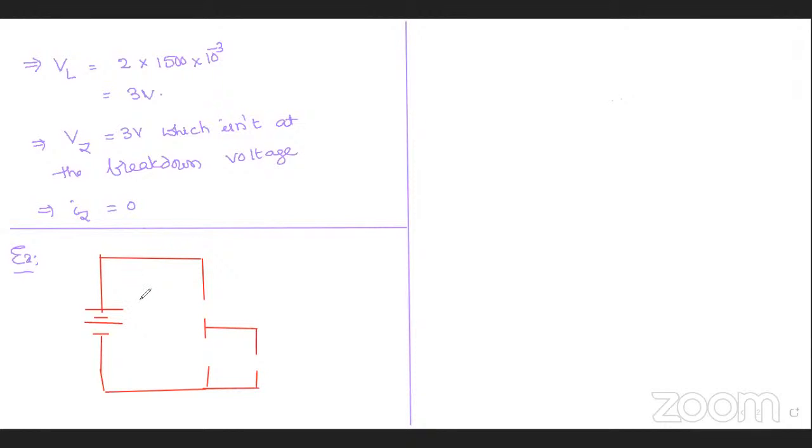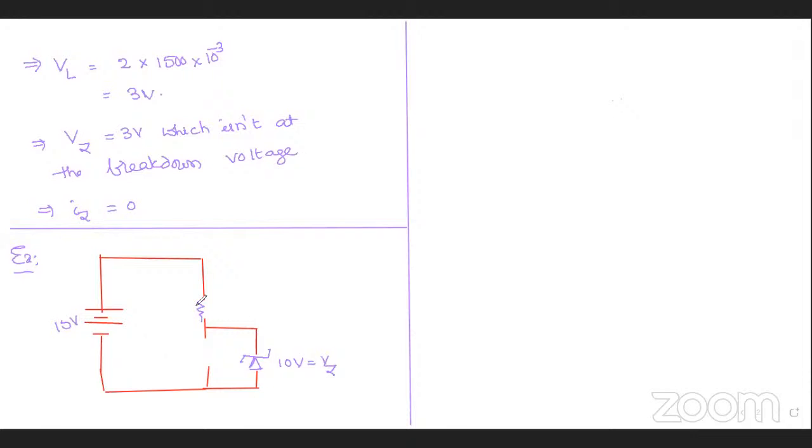Here this is VZ, 10 volts. Next, this is V equals 15 volts. So I think you understood what is the voltage across this resistor.